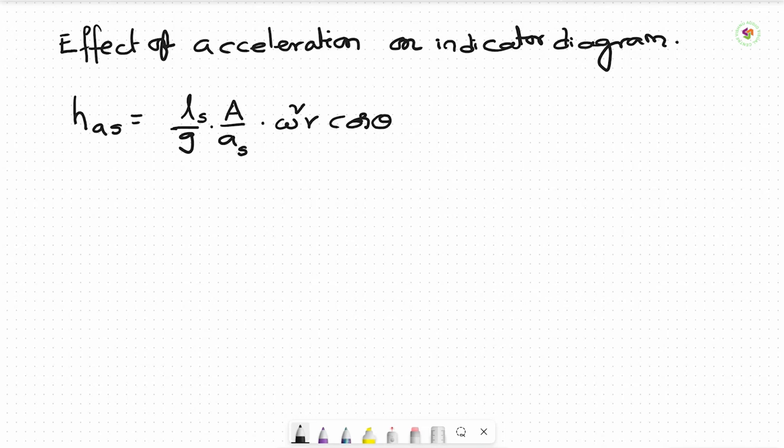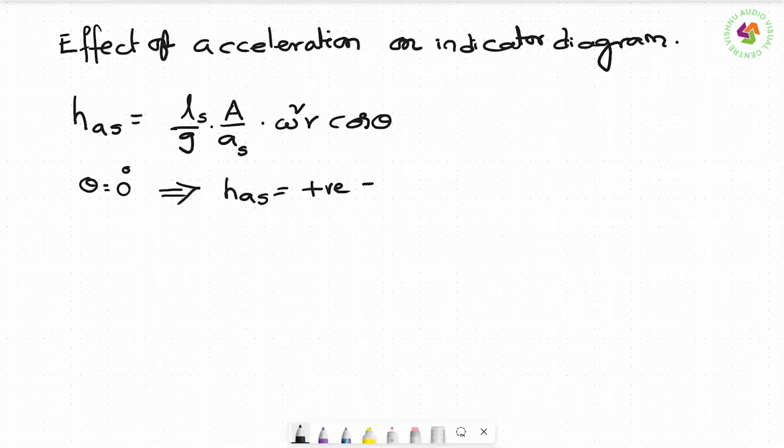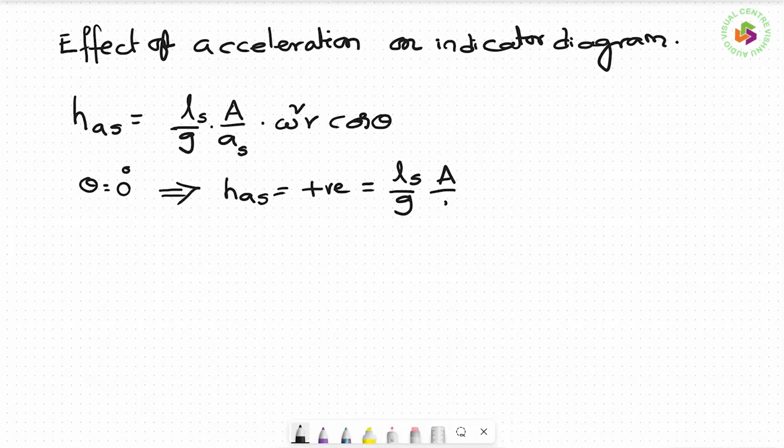Depending on that, when theta is equal to 0, that is at the beginning, cos 0 is equal to 1, so the acceleration pressure head is positive and equal to Ls by g, A by As into omega square r.